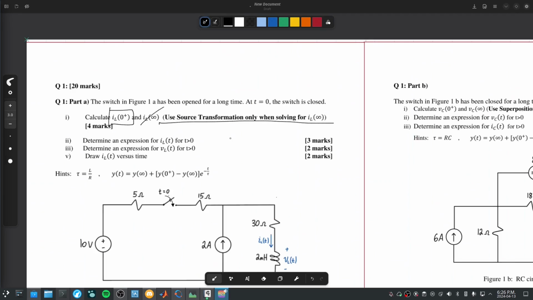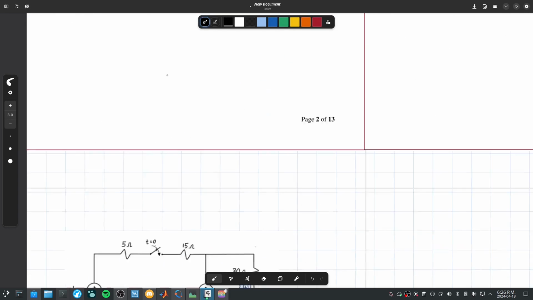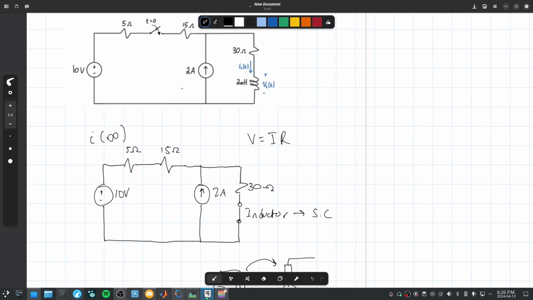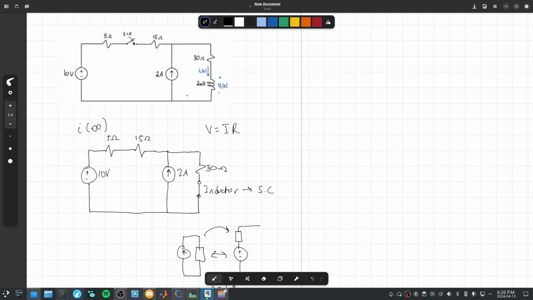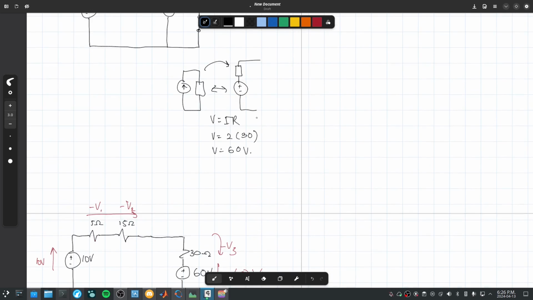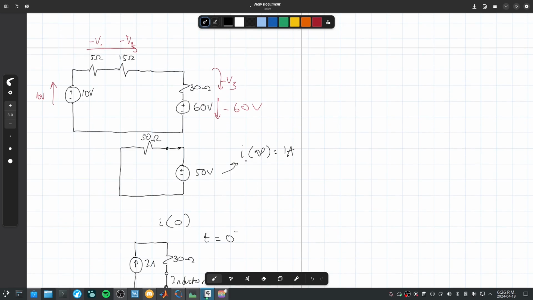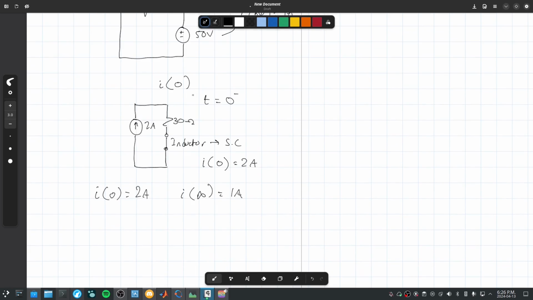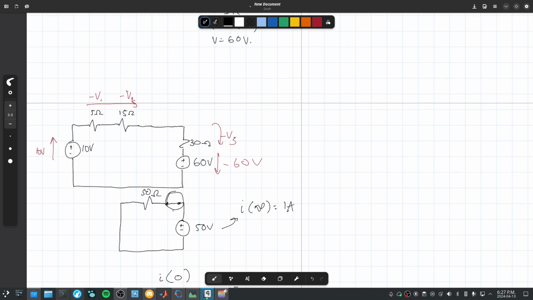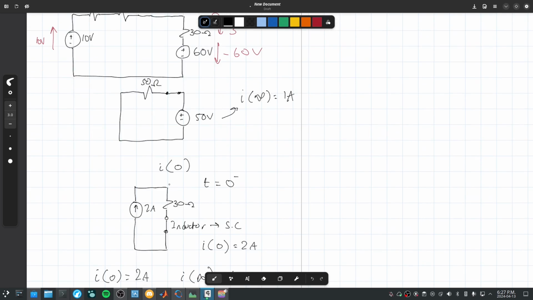So there's the first part done. Just as a review, with the infinity part for inductors, we source transformed it to create a simpler circuit, and then we solved the current running through it. With I0, we assume that the inductor is a short circuit because it's been going for a very long time.